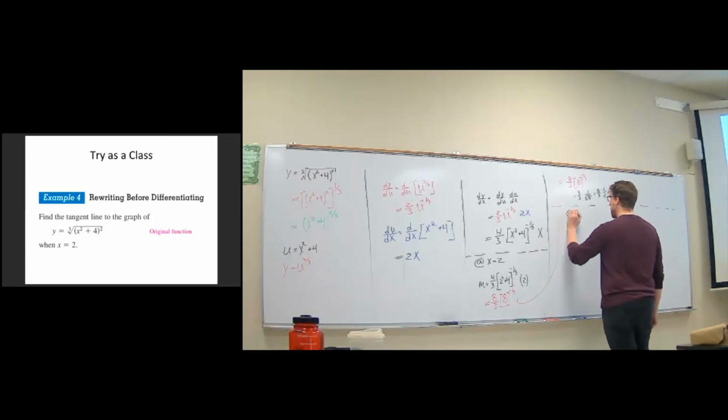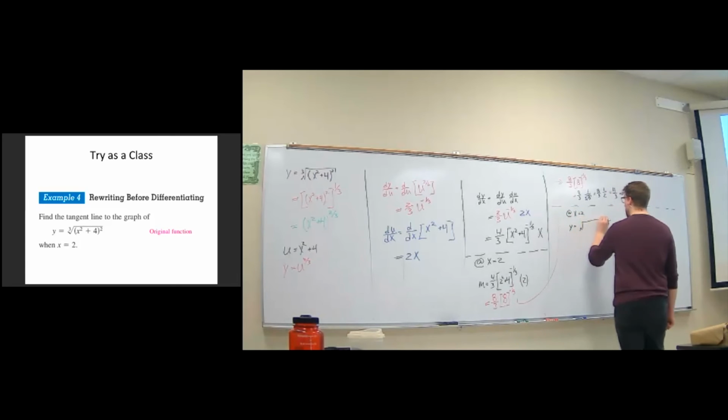At x equal to 2, y is equal to the cubed root of the quantity 2 squared plus 4, that quantity squared.